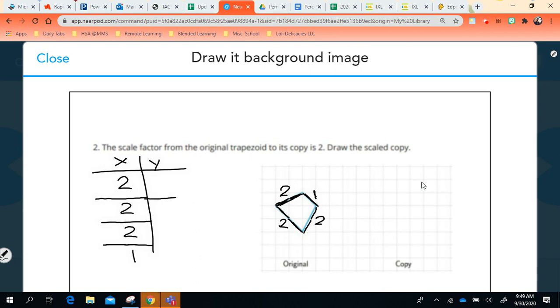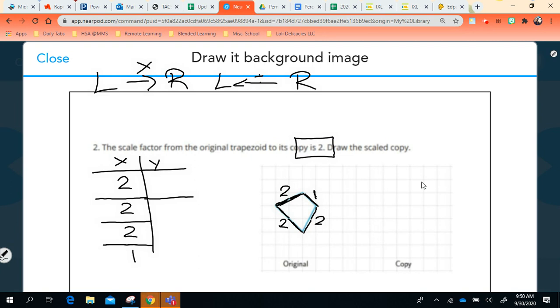So if I'm taking my scale factor, which is 2, and remember, just like when we did unit rate, left to right is multiply and right to left was what? Divide. We're taking that same concept to scale factor because we're treating it the same way.